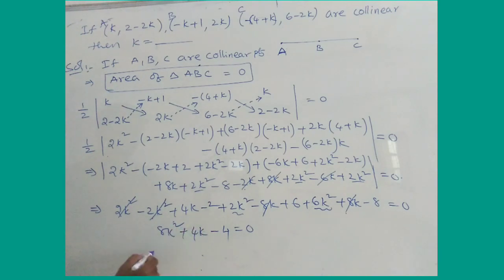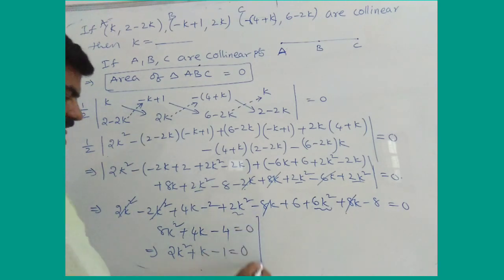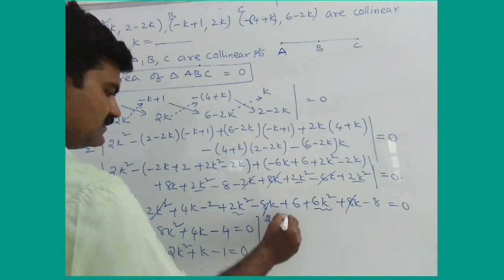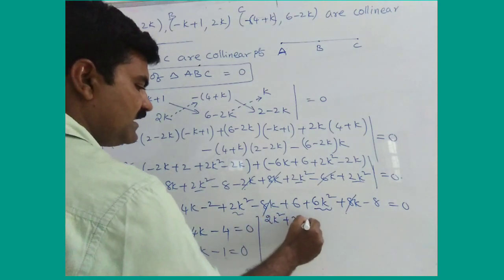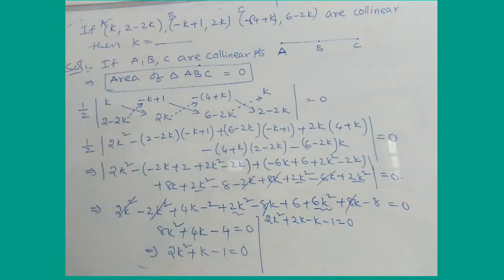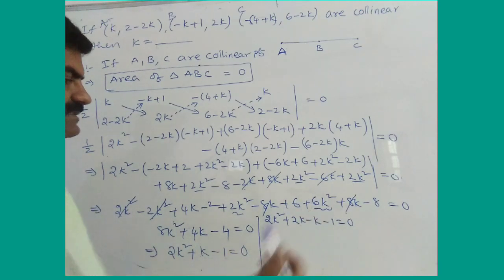Let's divide by 4 on both sides, that is 2k square plus k minus 1 equals 0. So we have to factorize this. What are the factors? 2k square plus k minus 1 equals 0. On adding we get plus k, on multiplication minus 2k square.